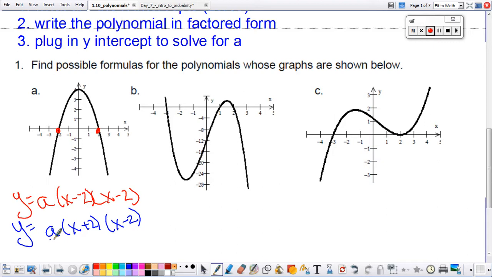But now we need a value for A. So to get the leading coefficient and this value for A, we can plug in this really nice point here at the y-intercept, which is 0, 4. 0 is the x, 4 is the y.